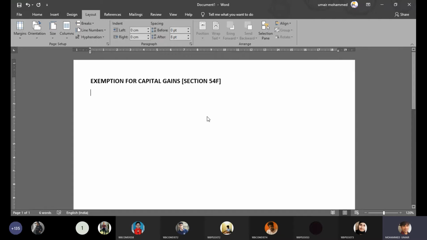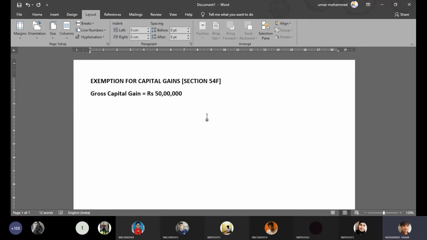For example, let's say gross capital gain we have already computed, which is rupees 50 lakhs. And how do we get gross capital gain? First, we write down the sale consideration. From that, we deduct transfer expenses.